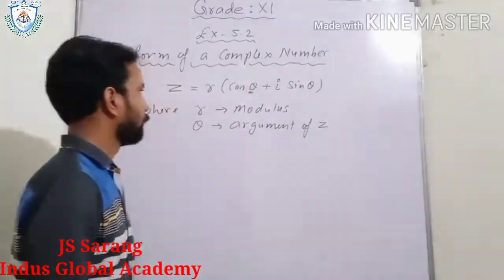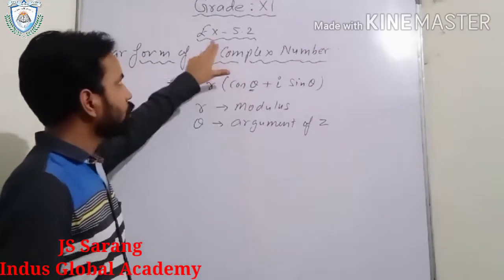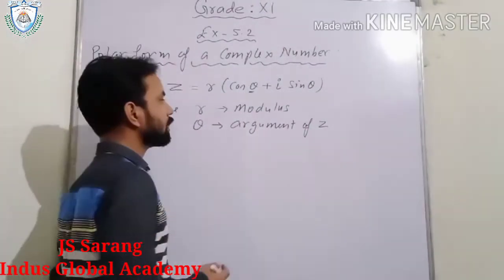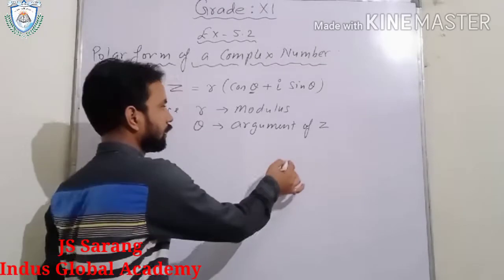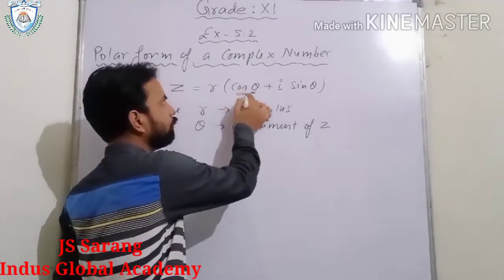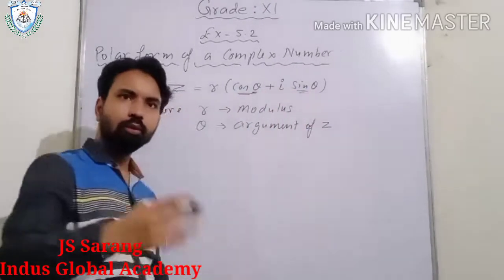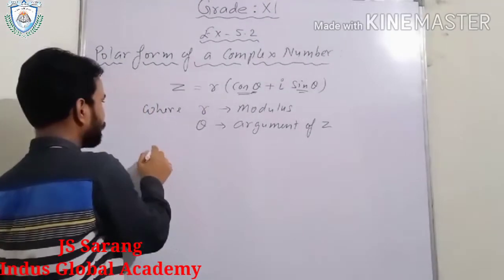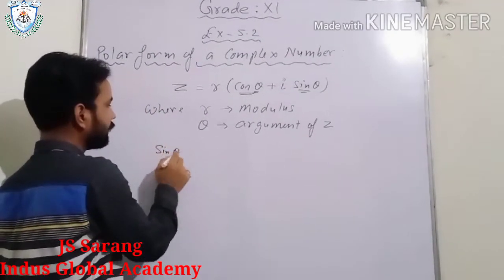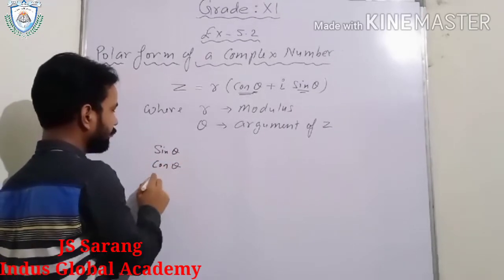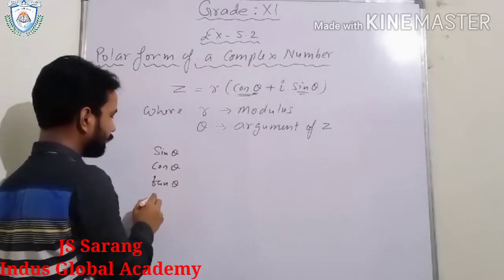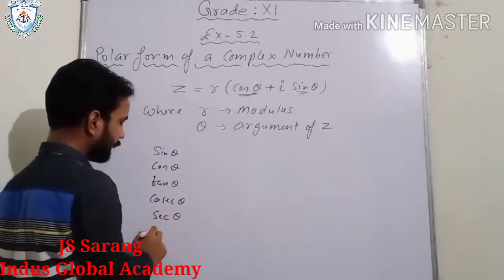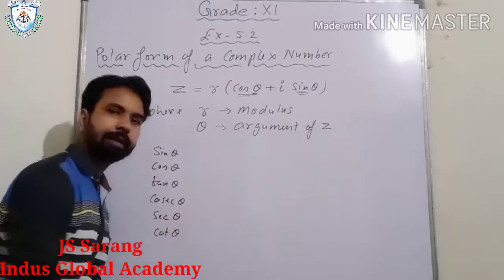Clear? Now, before solving exercise 5.2, I want to explain something else: the sign of trigonometric functions. You know there are 6 trigonometric functions: sin theta, cos theta, tan theta, cosec theta, sec theta, and cot theta.